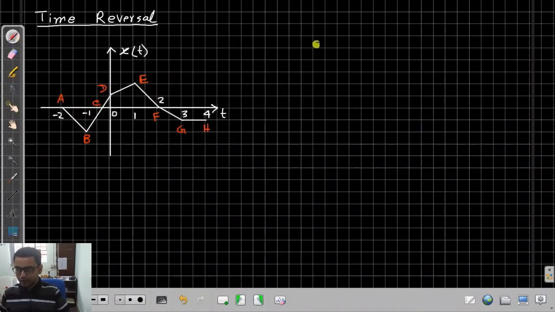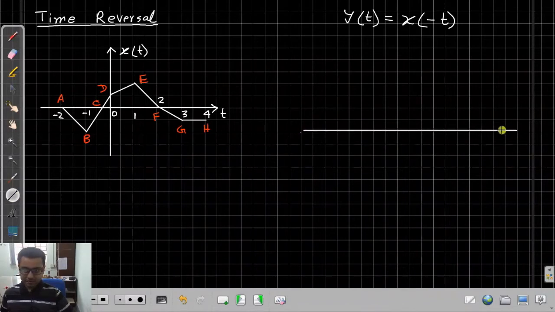And now let us define y(t) is equal to x of minus t, and let us ask how will the graph look like. So let us try. Time axis versus amplitude, t versus y(t) equals x of minus t.